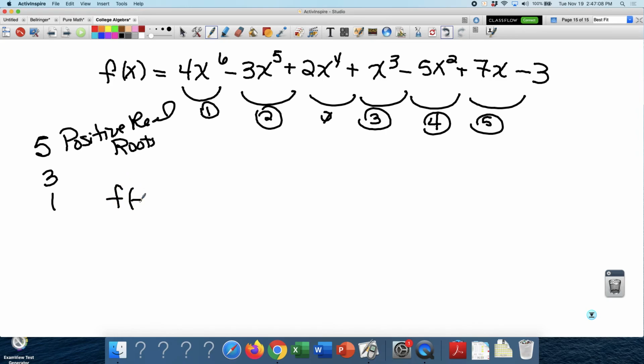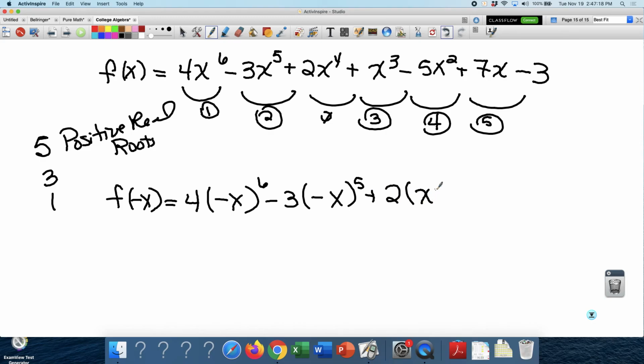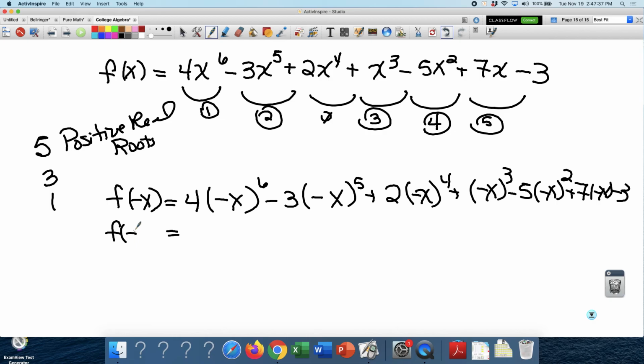So let's check the negative. Make sure I got everything correct there. All right, raised to a positive, even power, it becomes positive. Odd power, it stays negative, so negative times negative is positive.